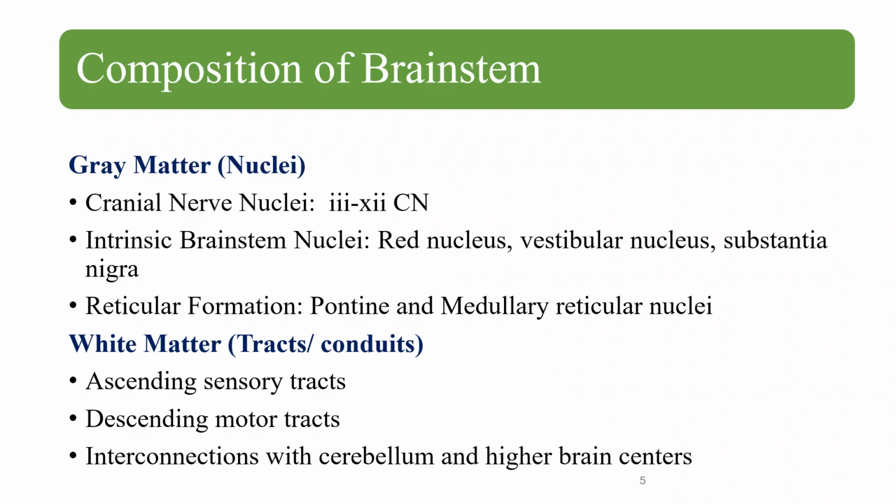It also forms the reticular formation, for example the pontine and medullary reticular nuclei, which are very important. Again, they are present as the gray matter of the brainstem. The white matter includes the ascending sensory tracts and the descending motor tracts and various interconnections with the cerebellum and the higher brain centers.